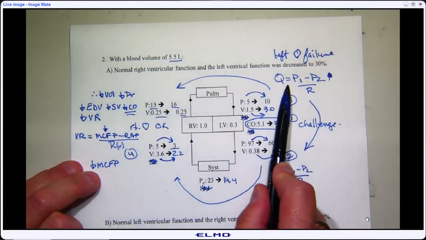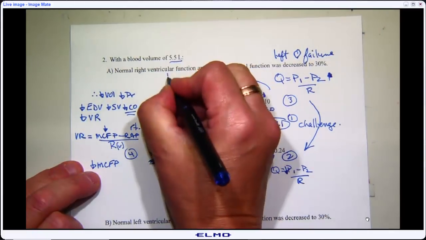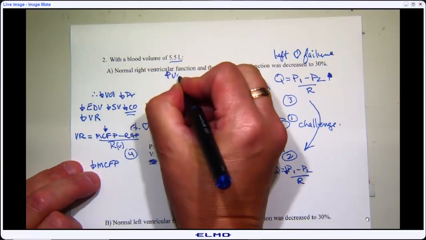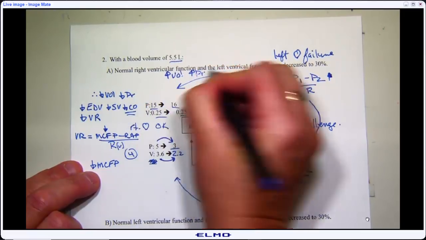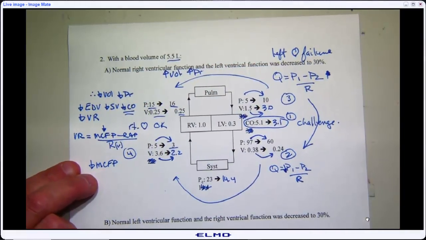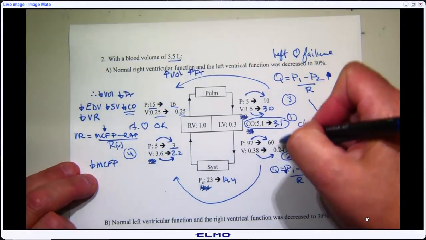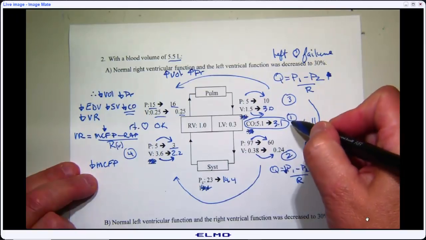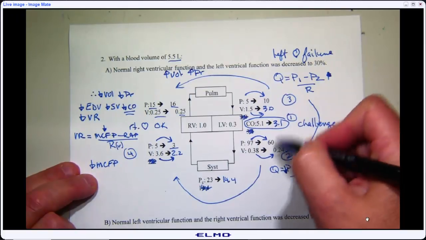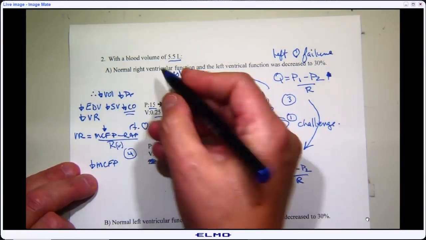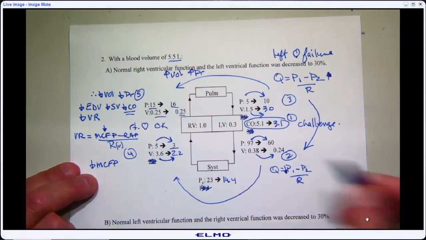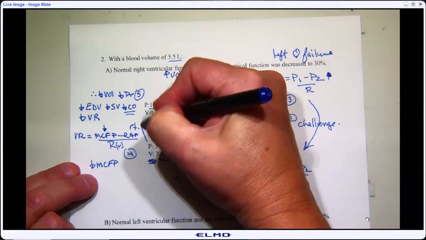So because of this argument, we should expect to see an increase in volume and an increase in pressure. So if we work our way around this way, let me just number where we talked. 1, 2, 3, and then we talked about here, and then we talked about here. Indeed, as we worked our way around this way.